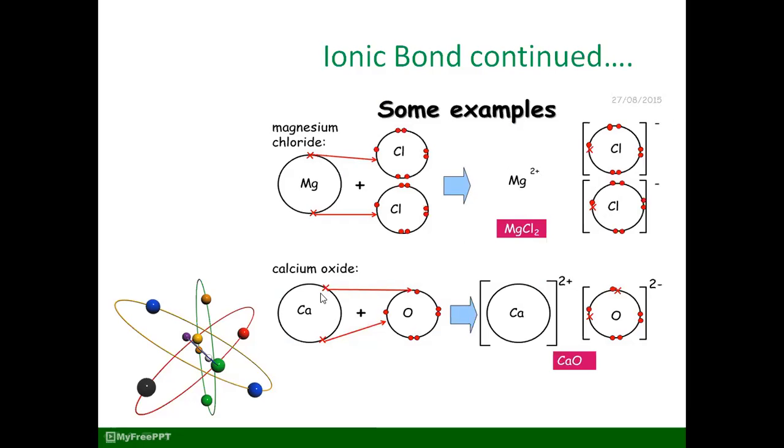Here in calcium oxide, calcium becomes a positively charged cation, and then oxygen becomes negative, right? Because it has 6 and it receives 2, so it becomes an anion, and together they form calcium oxide.